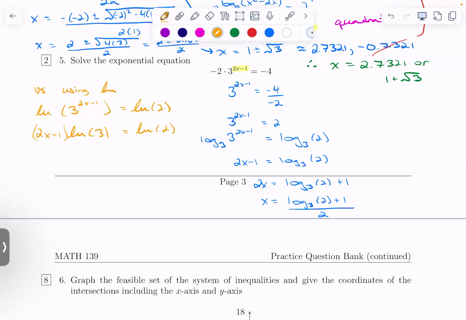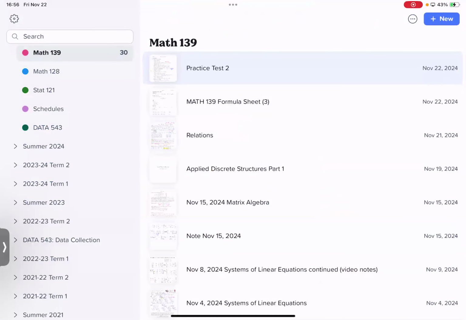Remember, there's only one log for me. It's the natural log, so I just call it the log. It's bad. But natural log of 2 and natural log of 3, they're just numbers. And so 2x minus 1 is the natural log of 2 divided by the natural log of 3. From here, we can use the change of base formula, which is on your formula sheet.